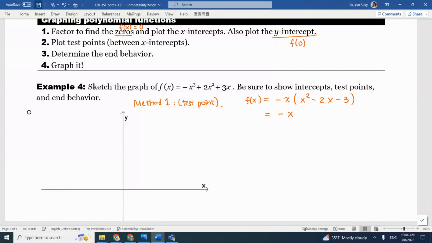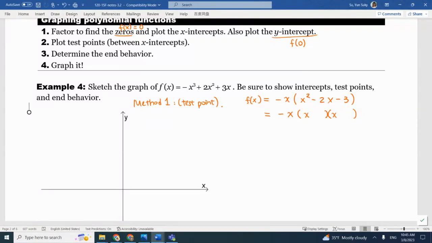And now we can keep going. Let's see. Zach, do you know how to factor it? So x, x. What are the factors of negative 3? 1 and 3.